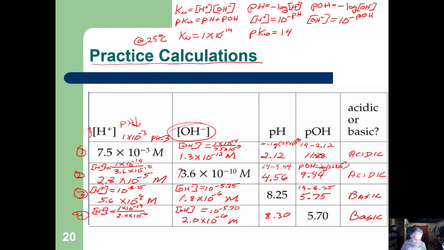So let's do that. 1 second e to the minus 14 divided by 2.0 second e to the minus 6. And that gives me 5.0 times 10 to the minus 9 molar in hydrogen ion.